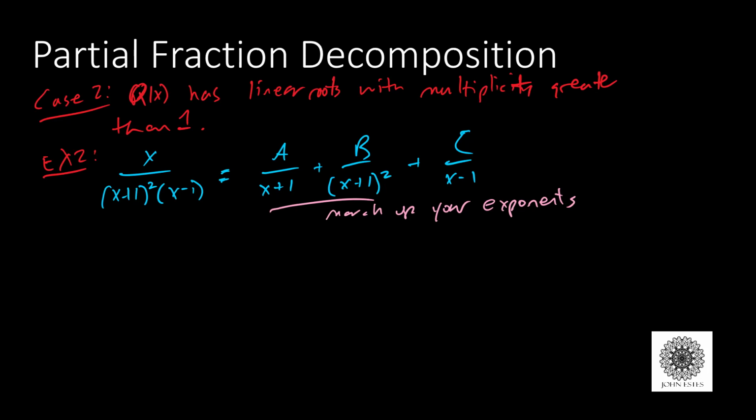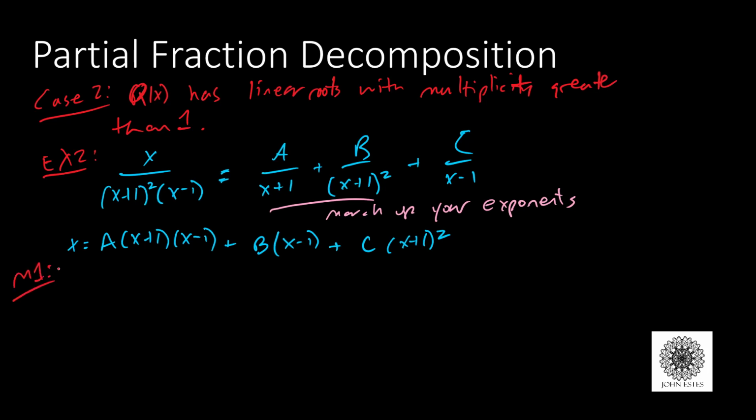Okay, now what technique do we want to use to solve this? If you cross multiply, you end up with the equation x equals a times x plus 1 times x minus 1, plus b times x minus 1, and c times x plus 1 squared. Now I believe if I do the substitution method, method 1, I should be able to take care of most of this.